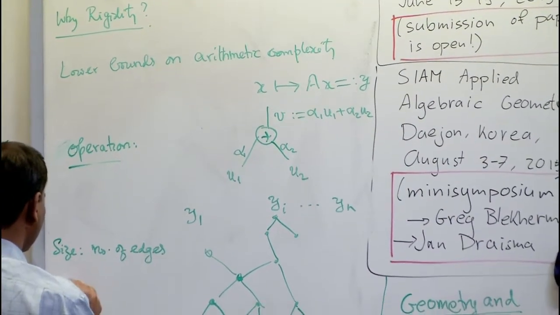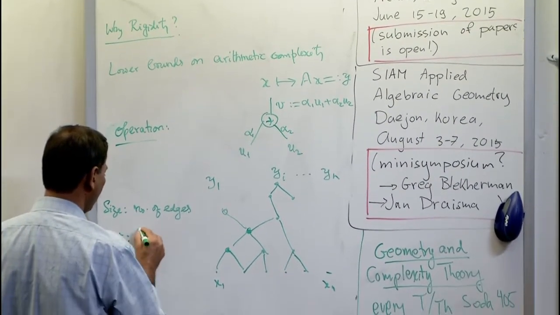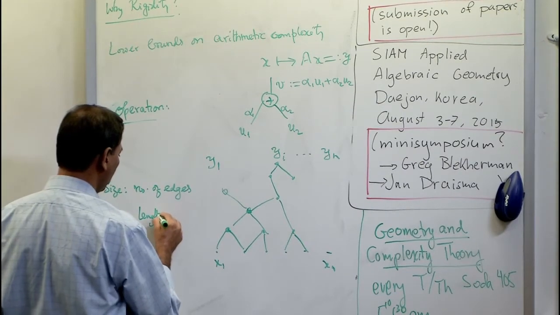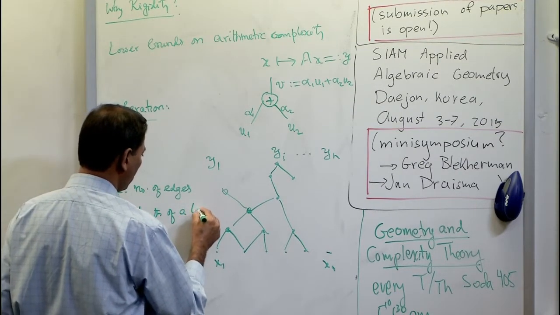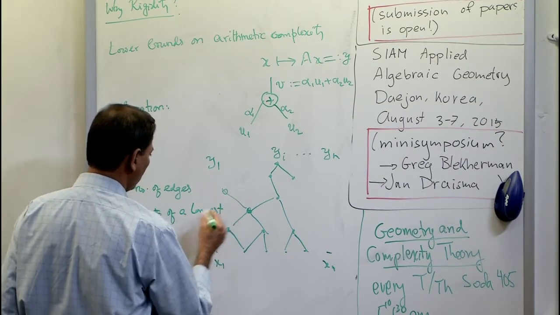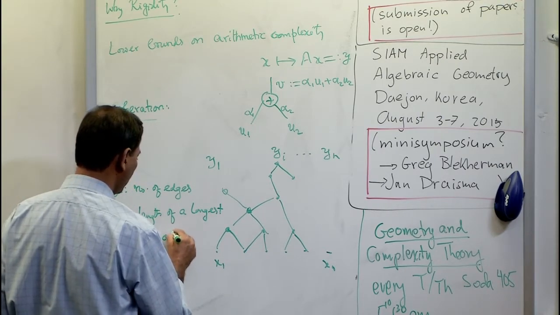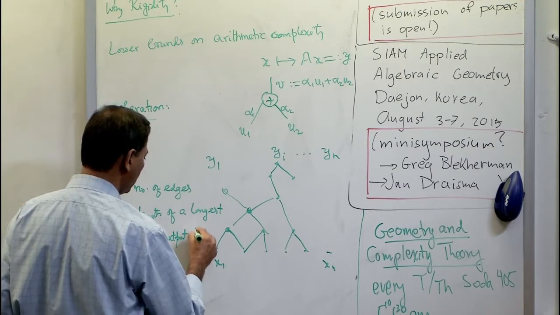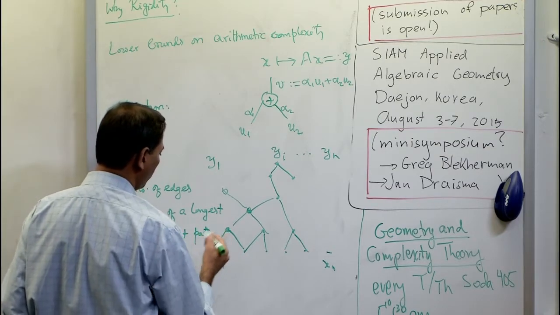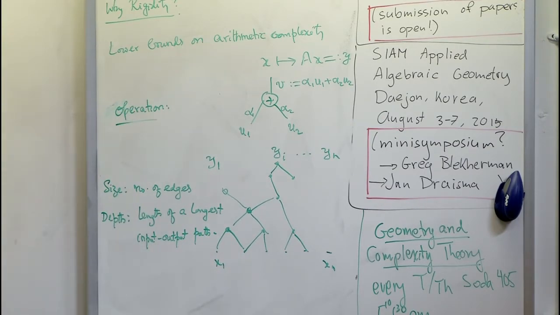The depth of the circuit is the length of the longest input to output path. So it's the longest chain of dependencies in this computation. So that's it. Questions?